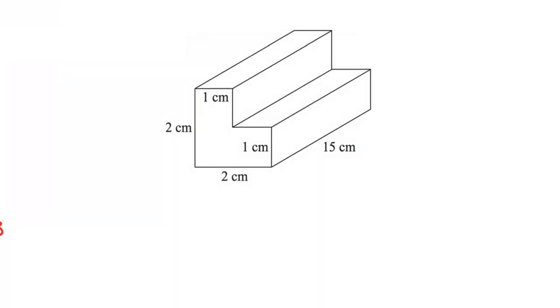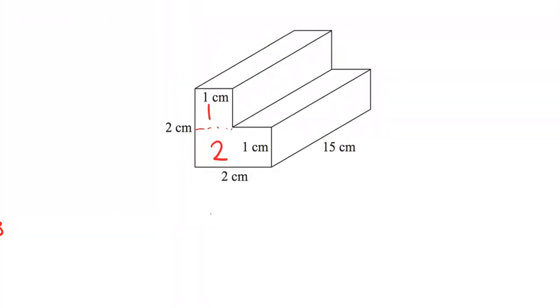Okay, final example, we've got a compound shape that is the cross-section of this. It's a kind of L shape, so I could work out the area of this by breaking it into a rectangle and what looks like a square. I'm going to have 1 times 2, which is 2 for that lower section, and then 1 times 1, which is 1 there.